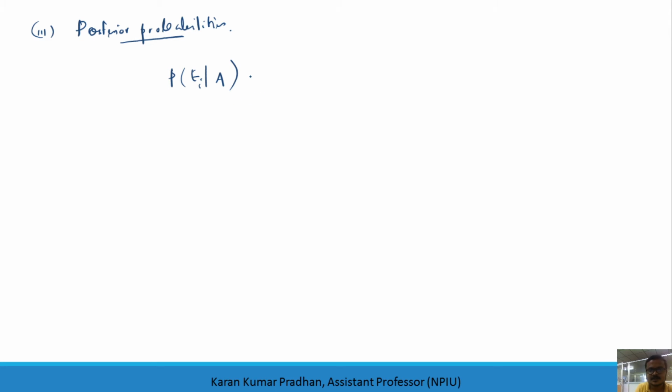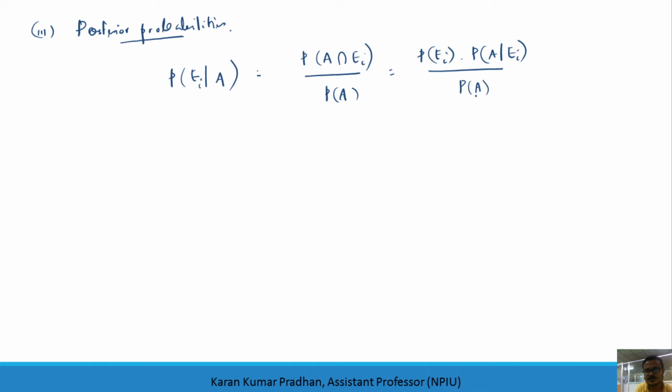So the probability will be written like this: probability of A intersection Ei divided by probability of A. We have found this already in the previous joint probability. So this will be the probability of Ei times the probability of A given Ei. The probability of Ei is the prior probability we know, and this is the joint probability. So this is basically the statement of Bayes theorem.